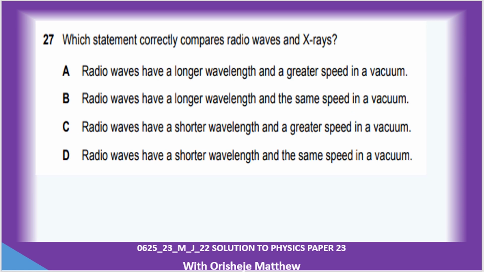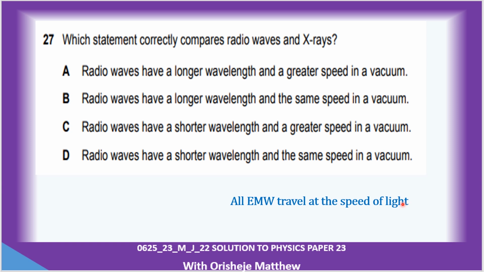Question 27. Which statement correctly compares radio wave with X-ray? So if we look at that, all electromagnetic waves, that is EMW, travel at the speed of light. That is one fact you should know.